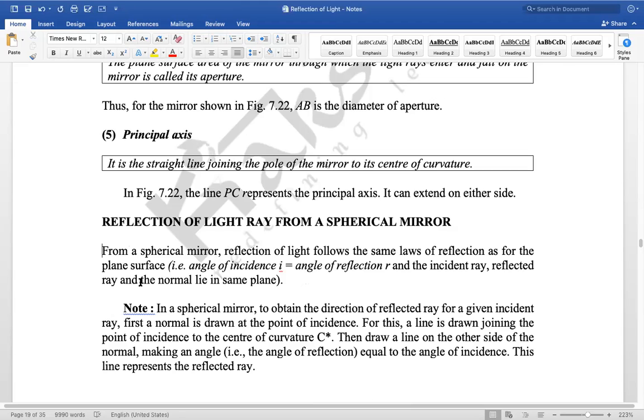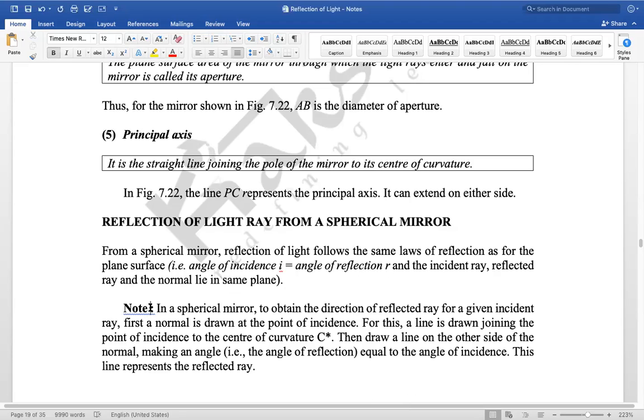So from a spherical mirror, reflection of light rays follows the same laws of reflection as for the plane surface. Angle of incidence I is equal to angle of reflection R, and the incident ray, reflected ray and normal lie in the same plane.